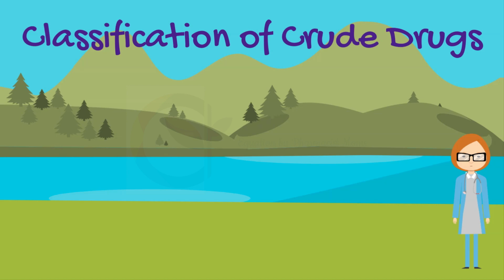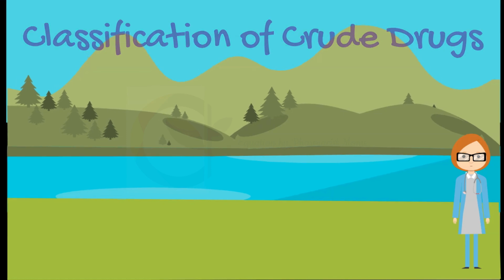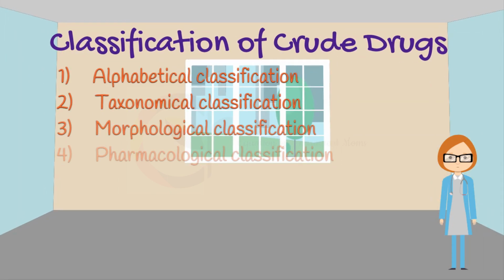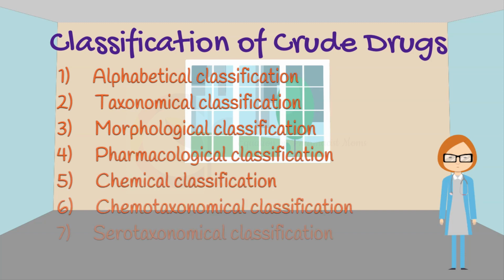Because of their extensive distribution, each arrangement of categorization has its own advantages and shortcomings, but for the rationale of study, the drugs are classified in these different ways, namely: alphabetical classification, taxonomical classification, morphological classification, pharmacological classification, chemical classification, chemotaxonomical classification, and serotaxonomical classification. Let's discuss them in detail.